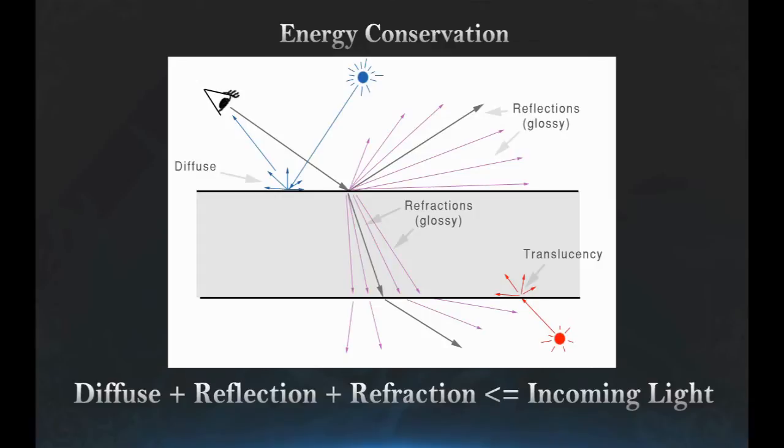The diffuse, the reflection, the refraction should all add up to the amount of light the light environment provides us. What this means for us is that, for example, if we're having more reflection, that means that we're decreasing the diffuse contribution and the refraction contribution. So there's no more unlimited brightness and just getting light energy out of thin air.